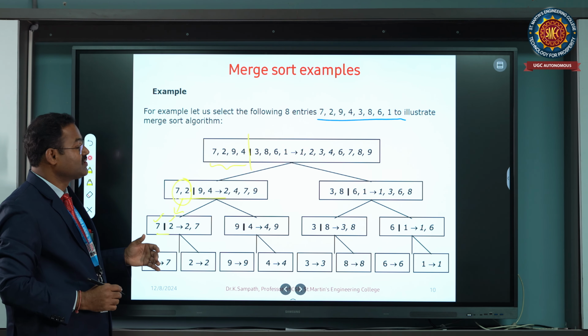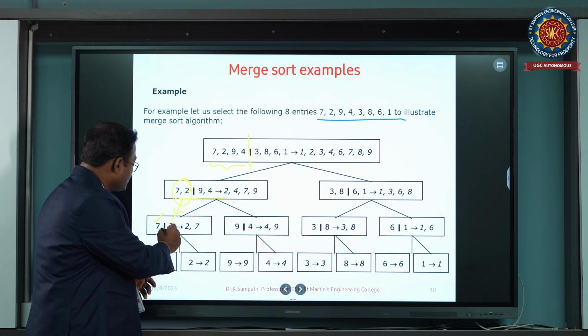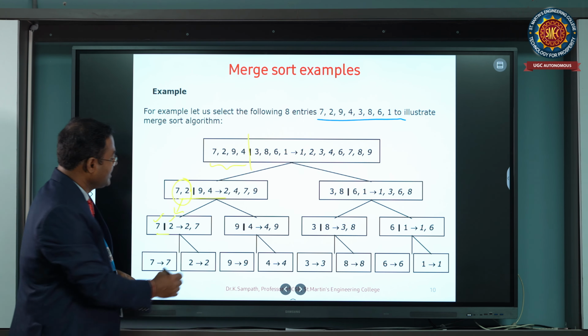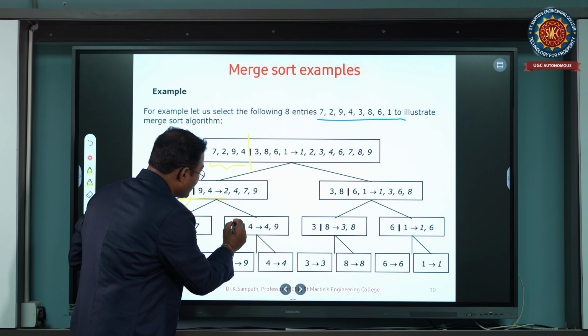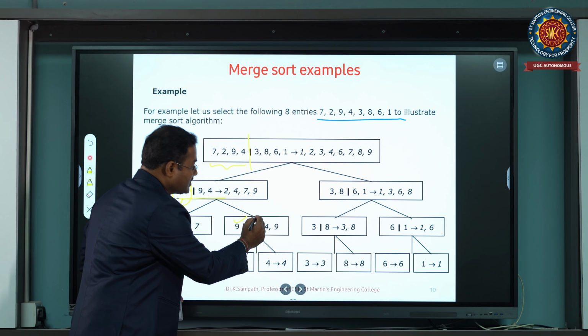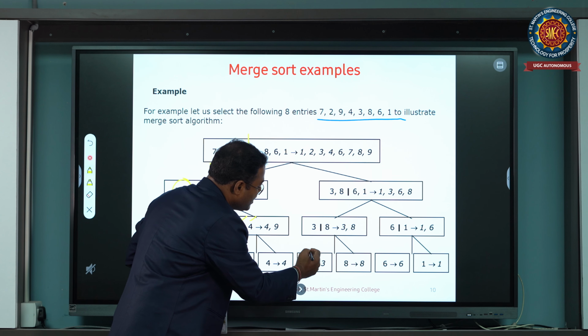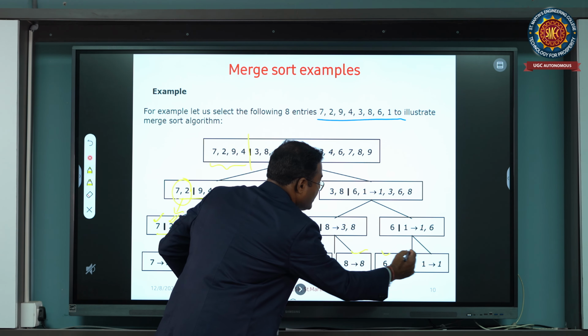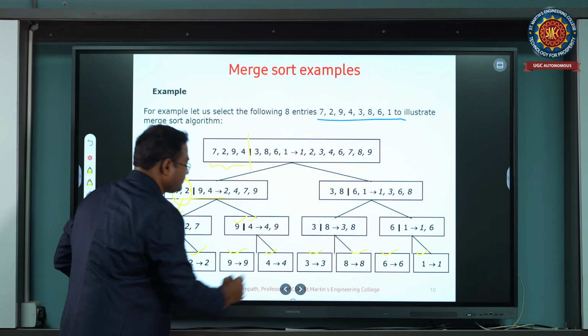For each problem, we are making individual solutions. We can say that 7 is one solution, 2 is one solution, 9 is one solution and 4 is one solution. Every element will be an individual solution.